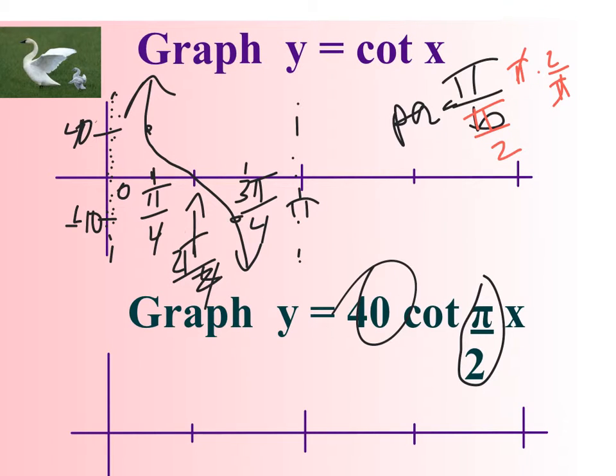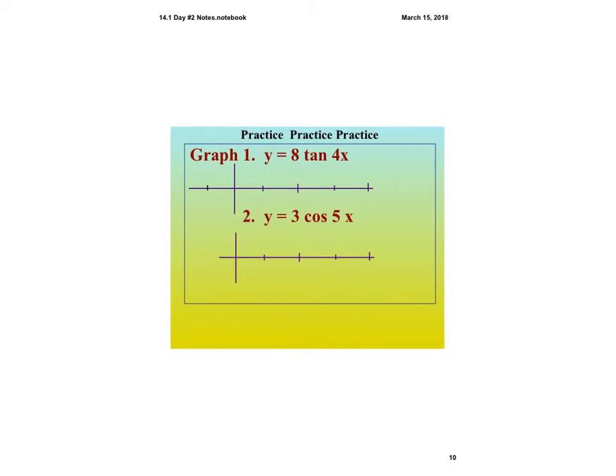I'm going to divide everything by pi over 2, which is the same as multiplying everything by 2 over pi. 2 over pi, 2 over pi, and 2 over pi. Cancels.